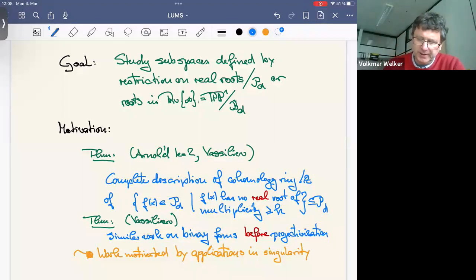So this also exhibits that this extension to binary forms has appeared in the literature in a slightly different form, and it's kind of natural. But the results that were known before are not related to our results.